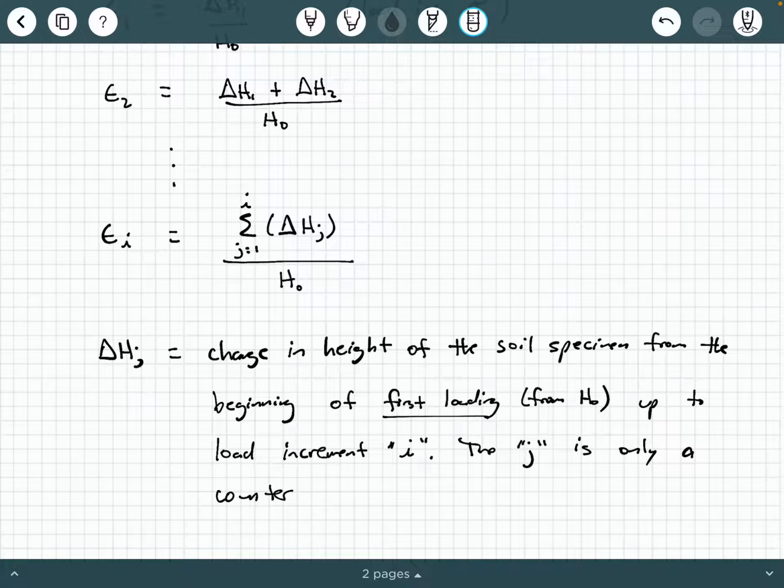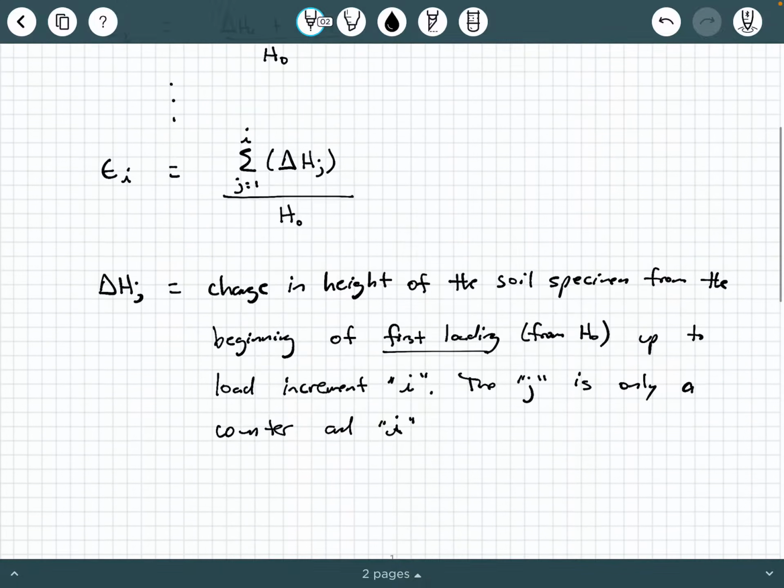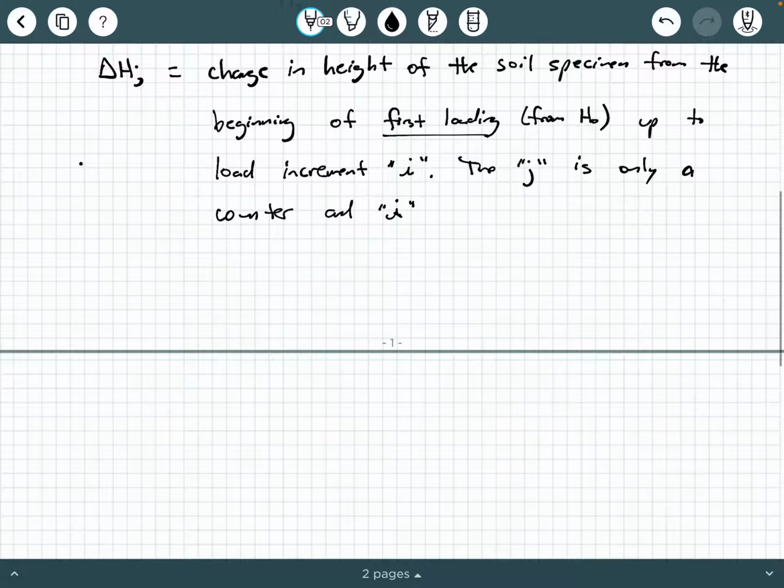And I is the load increment of interest. So that's pretty much it.